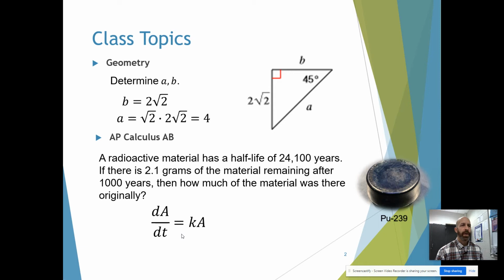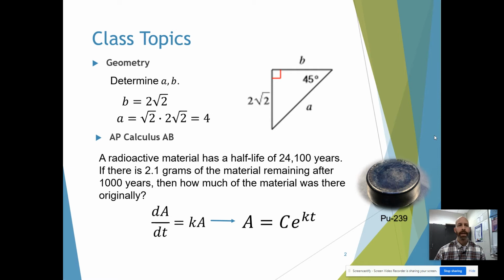So to solve this problem, what we need to do is solve the following differential equation, which is the derivative of the amount is equal to k times the amount. This is the directly proportional equation of a differential equation. And so then that needs to be solved, and that gives us the following general solution, which should look familiar to the students.